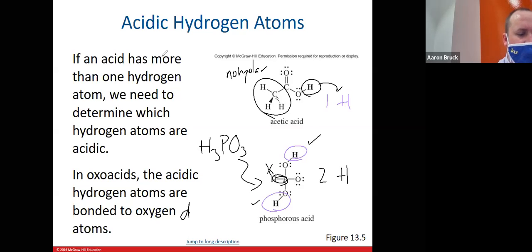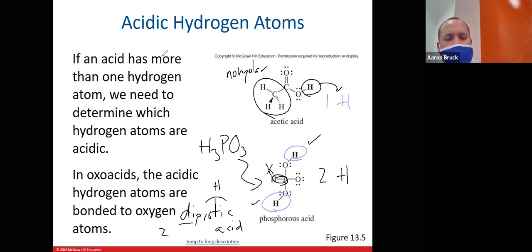It's called a diprotic acid. The prefix di meaning 2, protic being a derivative of proton, so 2 hydrogen. So the name diprotic acid indicates that it is an acid that has 2 hydrogen atoms that can come off of it.